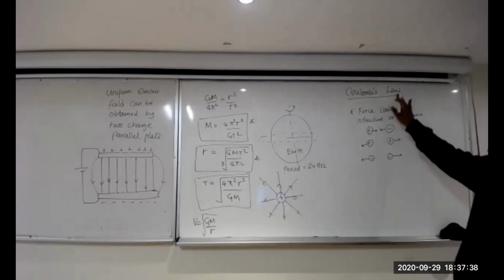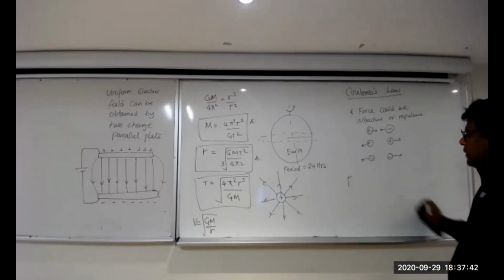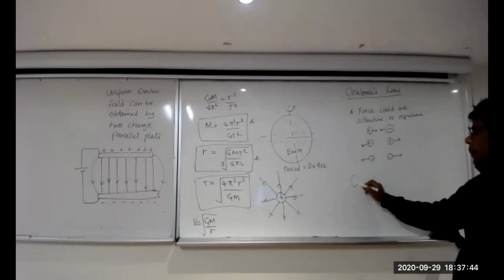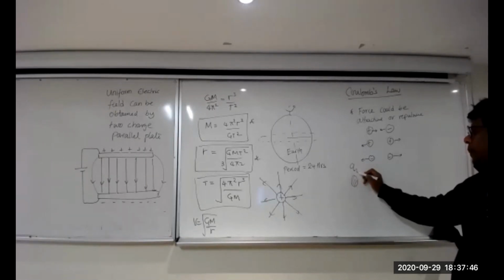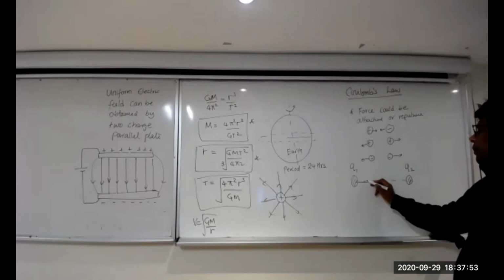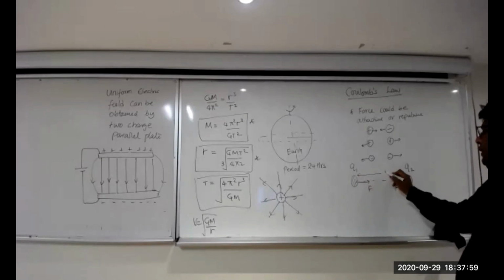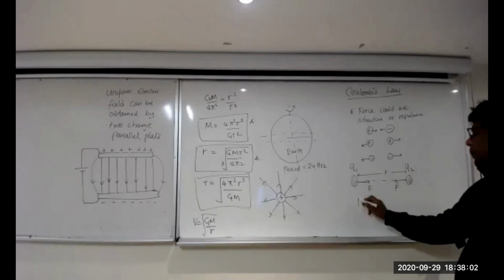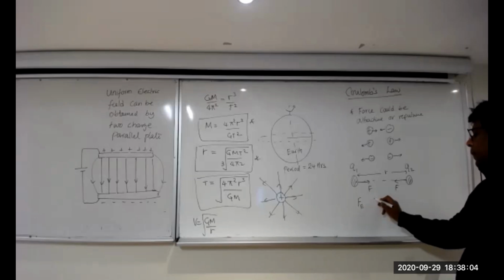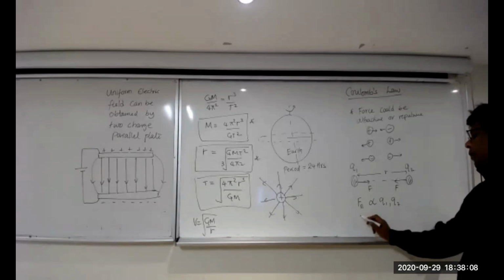Okay, so Coulomb's law. Coulomb's law is the force between two charges. The force between the two charges could be attractive or repulsive, as I said. It's proportional to the size of the charges, and it obeys the inverse square law.